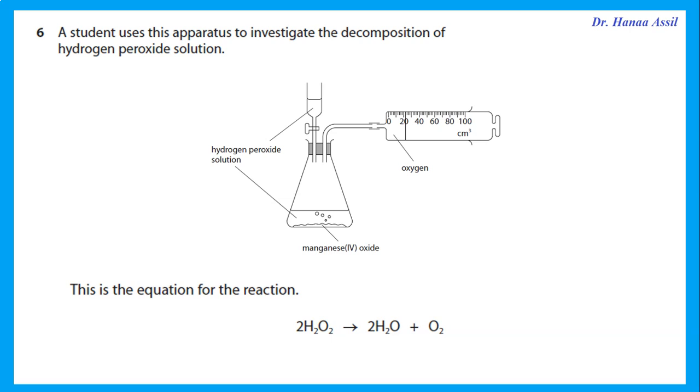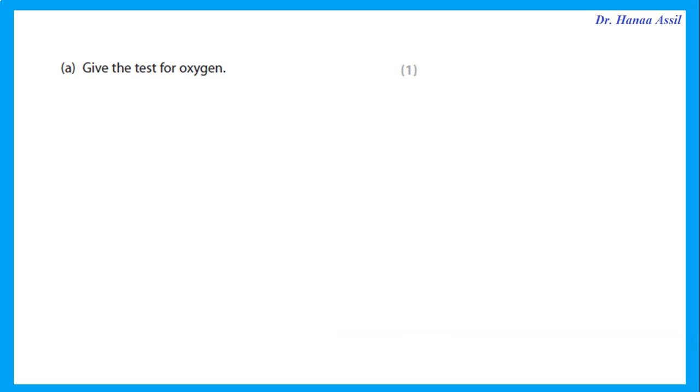A student uses this apparatus to investigate the decomposition of hydrogen peroxide solution. And this is the equation for the reaction. First, give the test for oxygen. What is the test for oxygen gas? Please learn the tests. Is it lighted splint or glowing splint? Please do not mix it up.